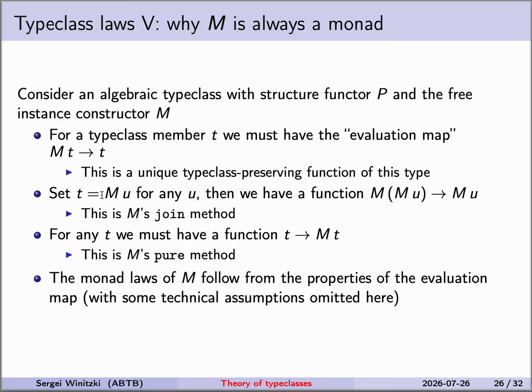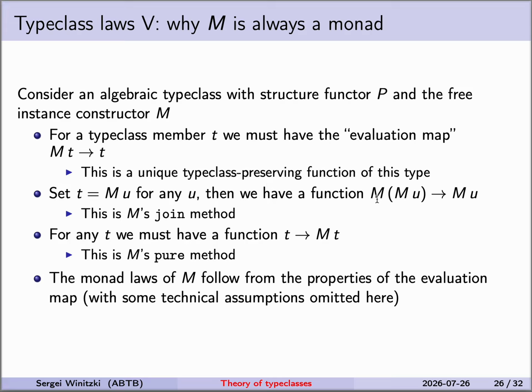Let's consider that instead of T, mu. So let's set T to mu, where u is any type. Then this function will give us this kind of function, m of mu to mu. And this must be a unique type class preserving function of this type. So this is obviously the join method of a monad, and the laws for this method can be derived from the uniqueness property.